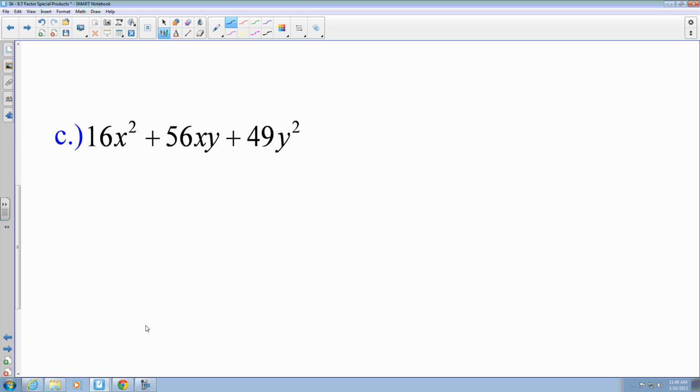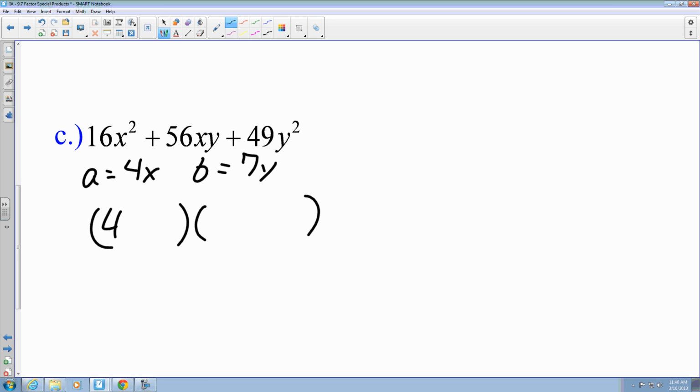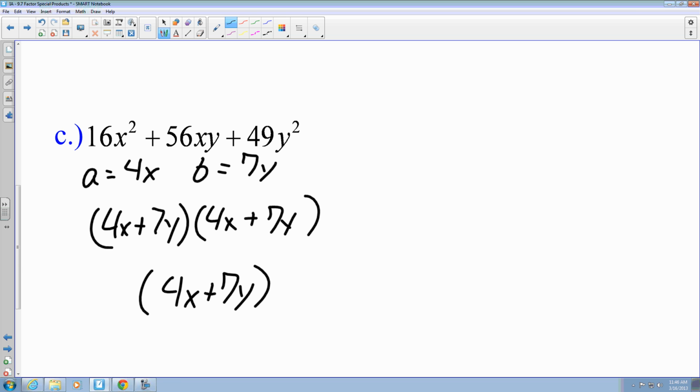Here, I have 16x squared plus 56xy plus 49y squared. So my a in this case would be 4x. B would equal 7y. It's just taking the square root of those two values. So when I parenthesize them out, I'm going to get 4x plus 7y times quantity 4x plus 7y. And then I can rewrite this as 4x plus 7y quantity squared.